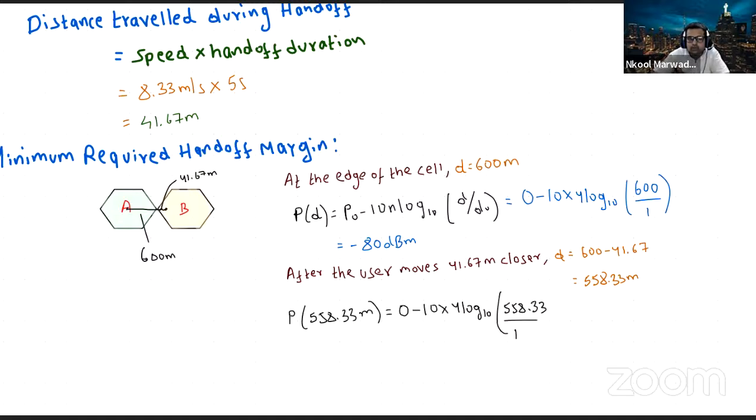When you solve this, you will get minus 79.47 dBm. So now very clear: whenever you have to calculate the handoff margin, first you calculate the signal power from the tower A at the edge. Then once the handoff is initiated, at that point, the signal power from the tower B. Just take the difference of that, and you will get the handoff margin.